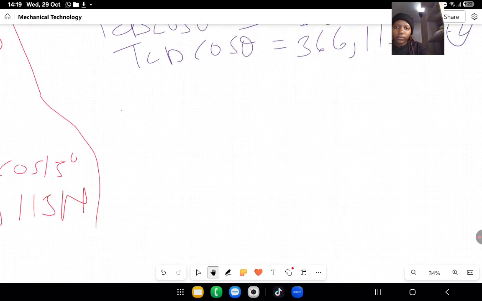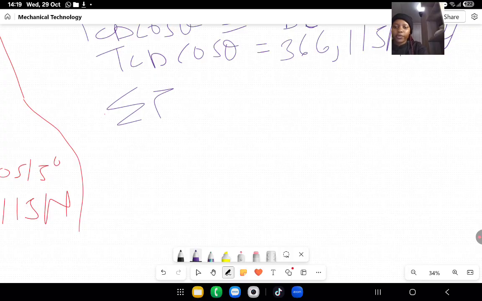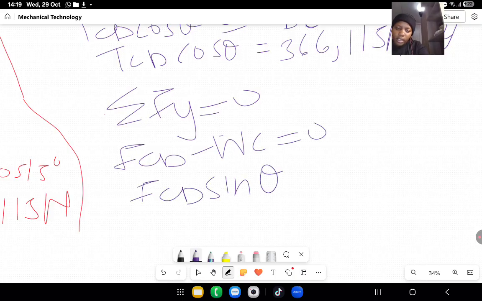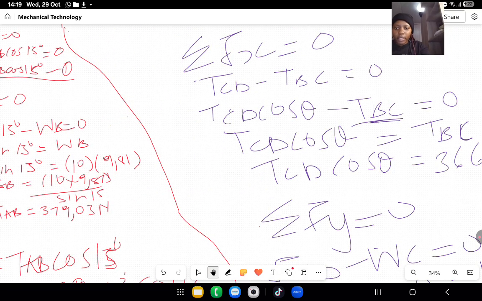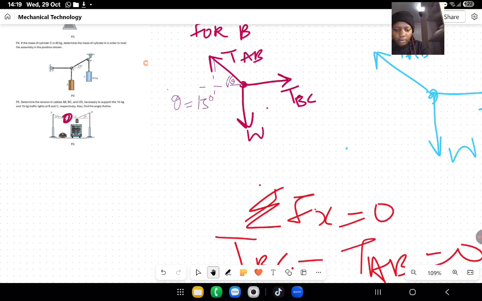Then we look for the vertical component. Sum of the vertical components equals 0. FCD minus WC equals 0. FCD, the sine of theta equals WC. So remember here they told us the weight for C. They told us the weight for C, which is 15.